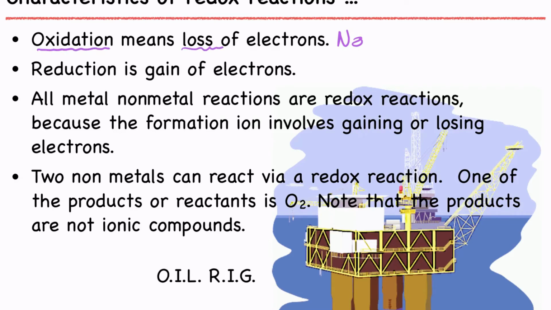The chlorine undergoes reduction because it gains electrons. An easy acronym to remember the process is OIL RIG. Oxidation is loss of electrons. Reduction is gaining of electrons.